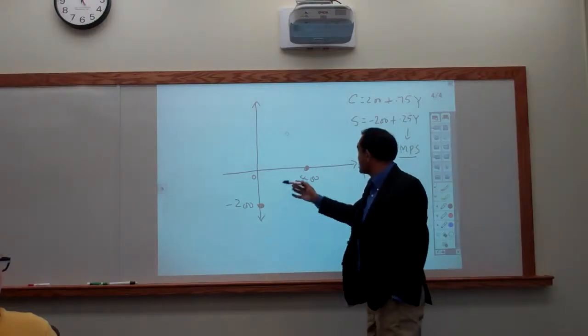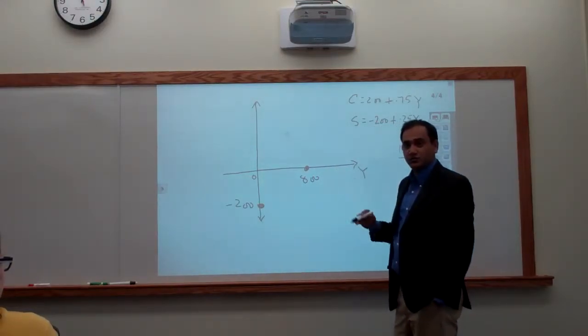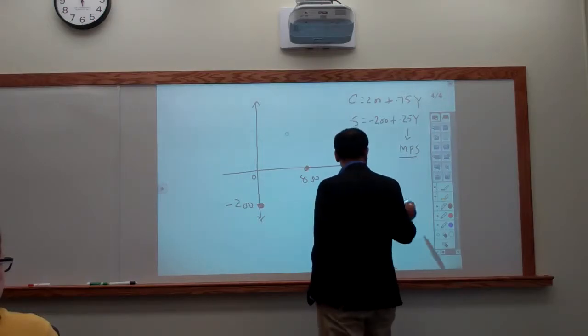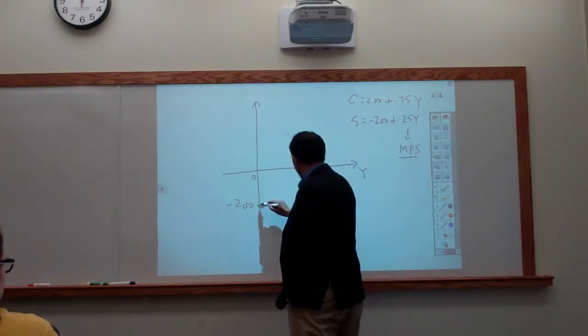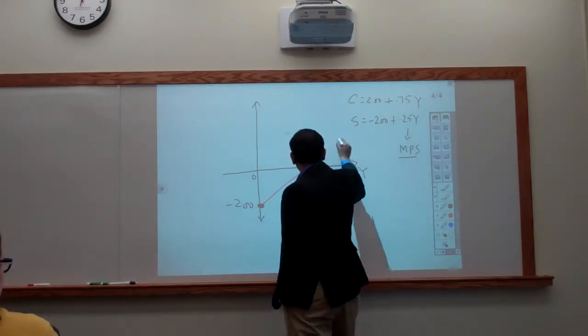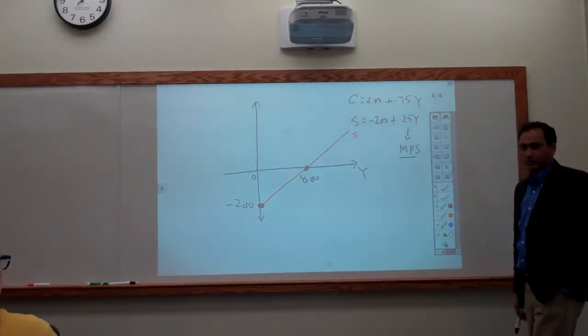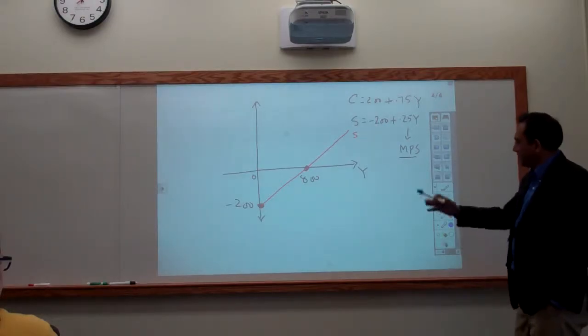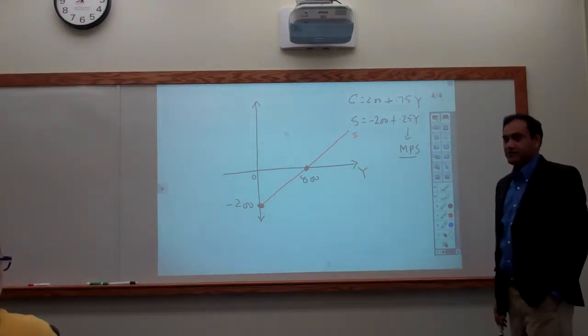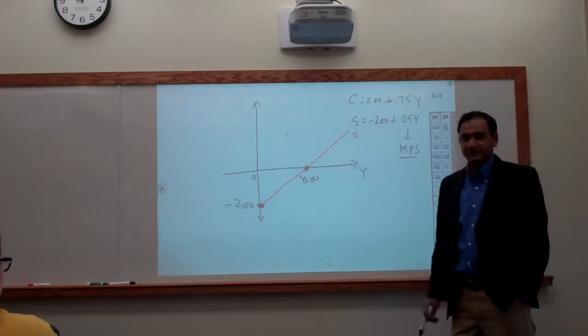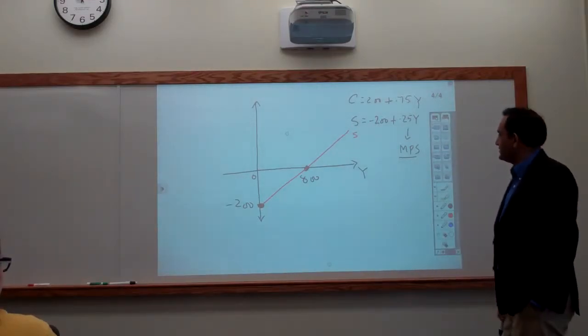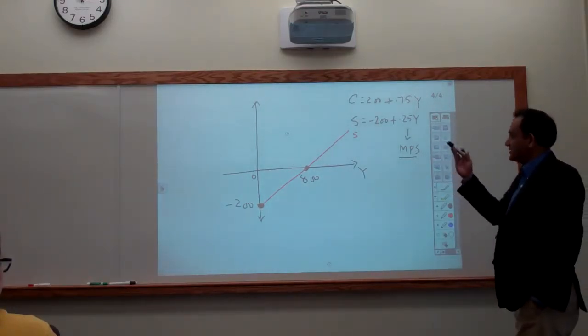It's a straight line equation, you need just 2 points to draw the straight line. So my savings function will look like this. That's your savings function. It has a slope of 0.25. It should be a little flatter, but the way I have drawn, trust that its slope is 0.25. And what is the next thing that I have to draw here?